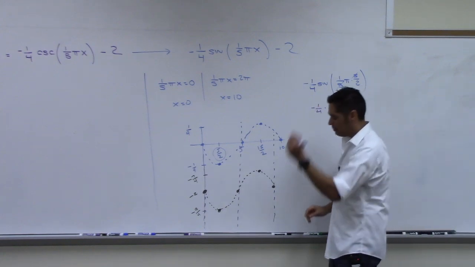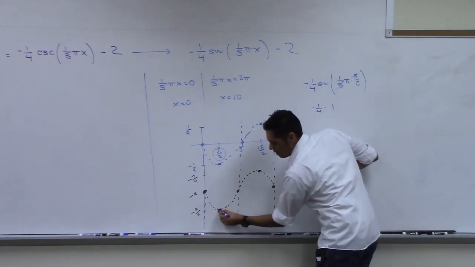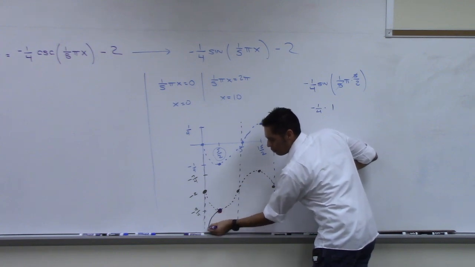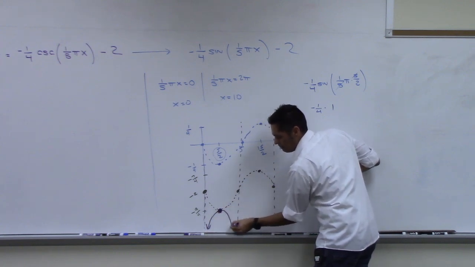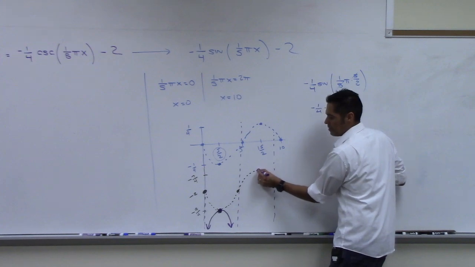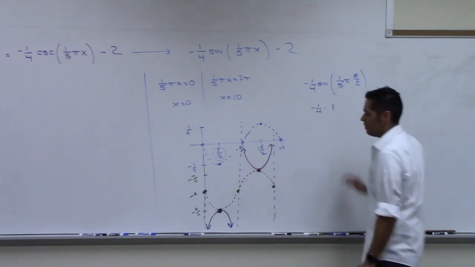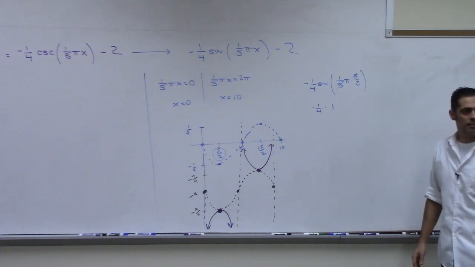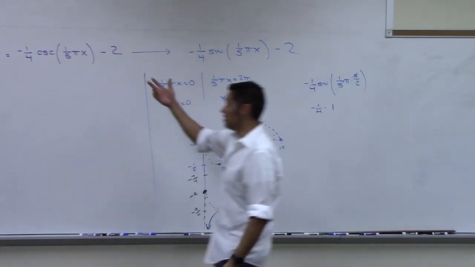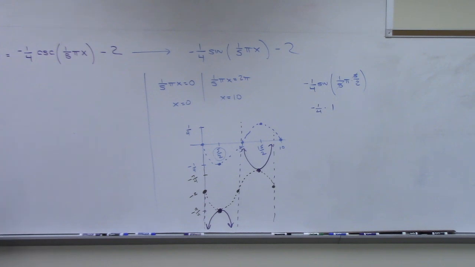Here comes cosecant in purple. Point at the bottom of that, parabola-looking thing going down. Point at the top of this one, parabola-looking thing going up. And there is cosecant right there. Well, that's not cosecant. That is -1/4 cosecant of 1/5 pi x minus 2.